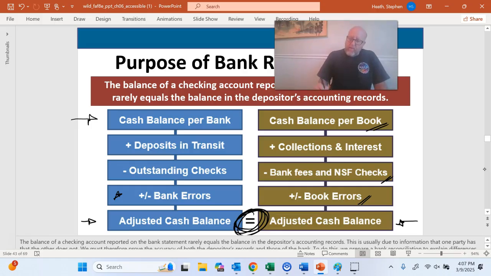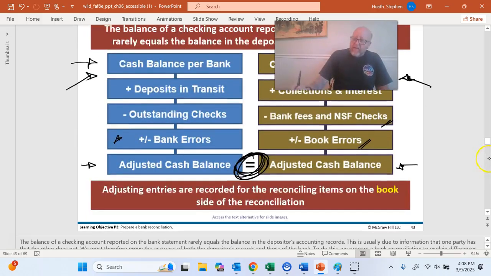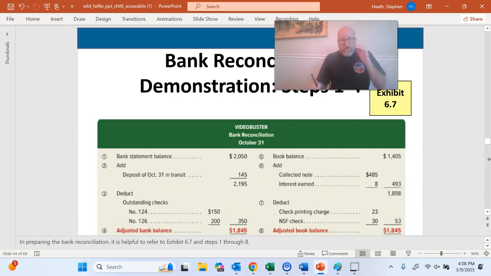But the point that we're making is, regardless of whether you do a cash reconciliation using the bank statement or a cash reconciliation using our books and records or the T account, either one is going to give us the same answer. And so we're going to do both to make sure that we didn't make any mistakes doing one or the other. And again, like I said, rather than walking through these PowerPoint slides, it's probably better for me to just pull up a question from the homework.